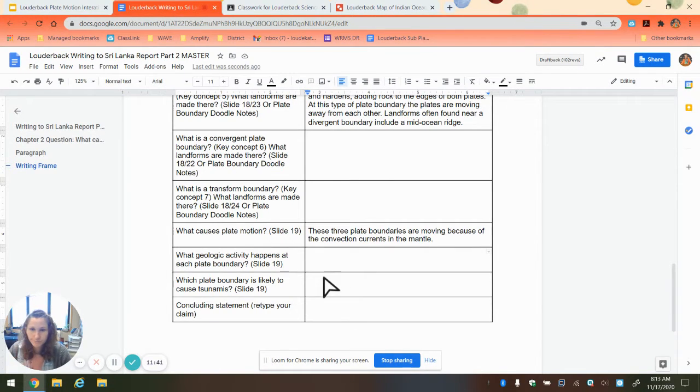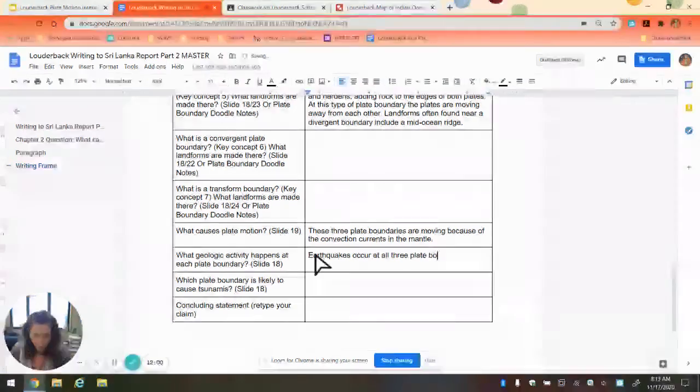So here again, slide 18, it would be earthquakes occur at all three plate boundary locations.